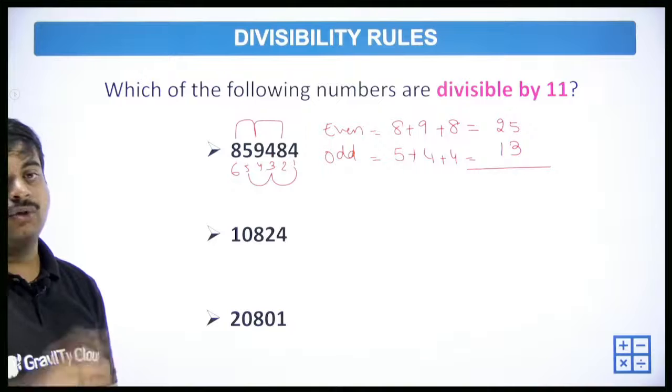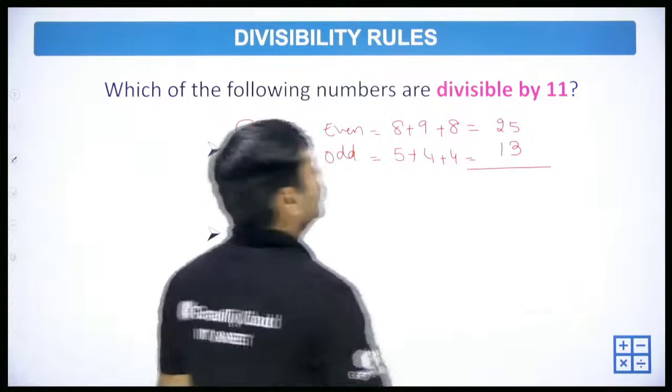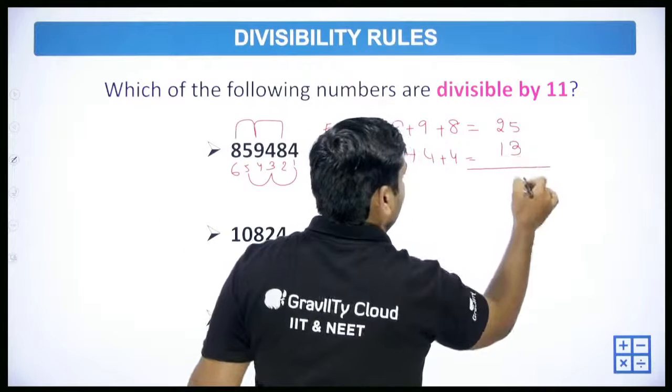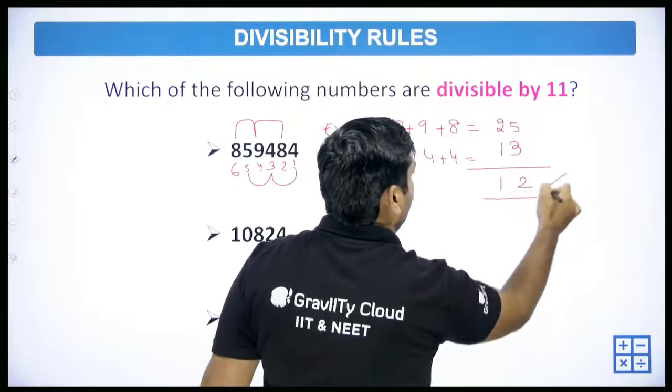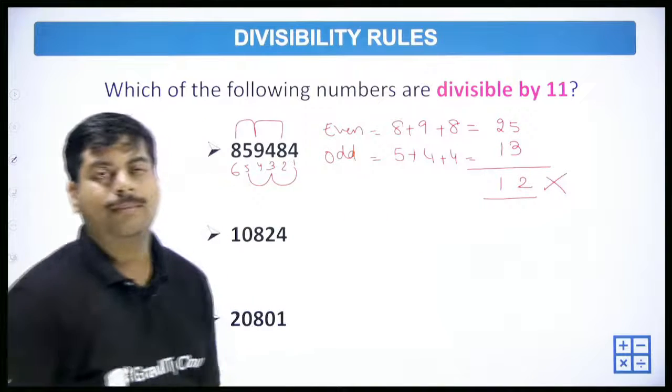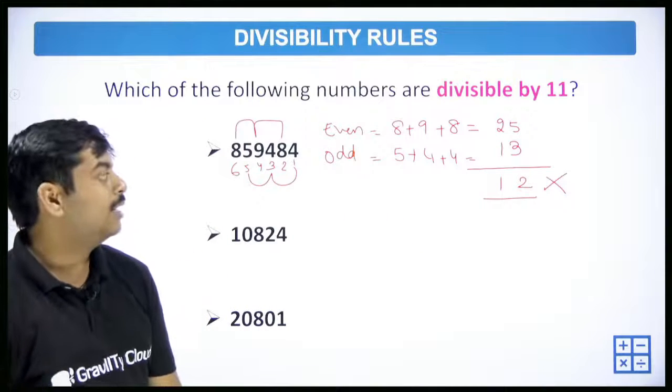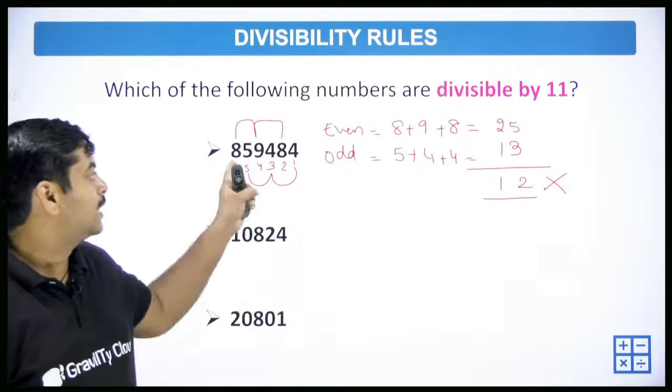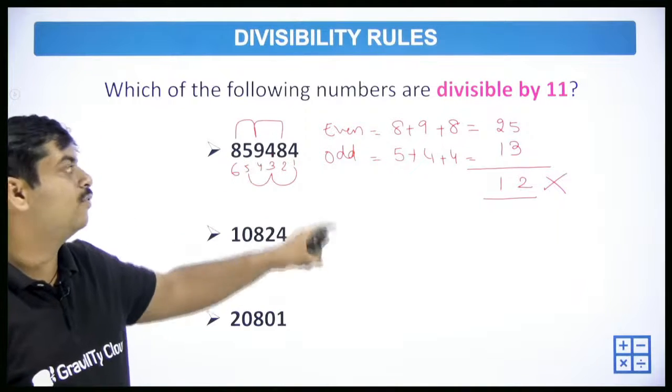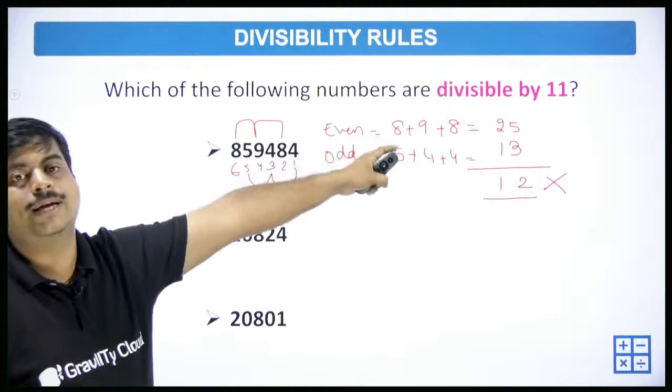The difference, don't add these two. Difference of these two, 12. No, it is not divisible by 11. So we can say that 859484 is also not divisible by 11.